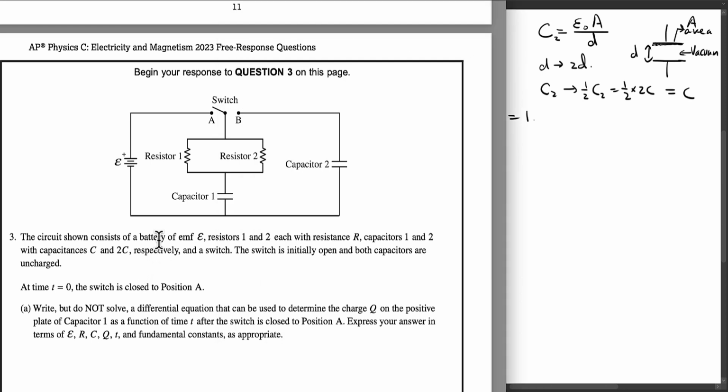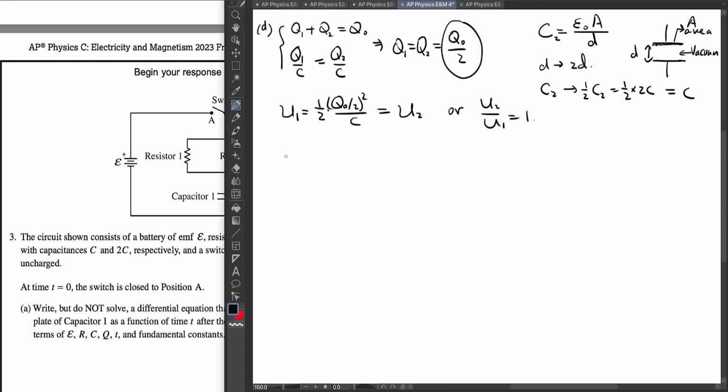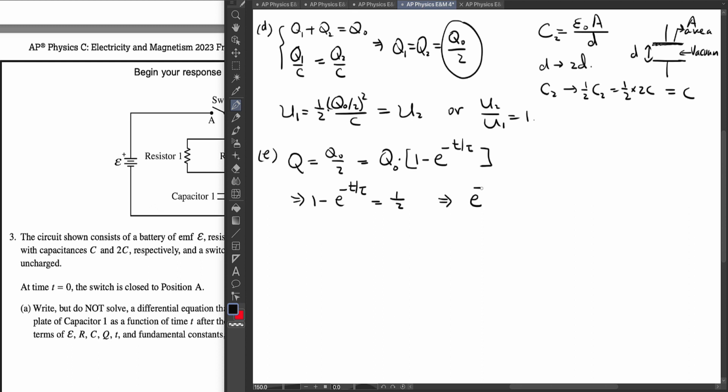Okay, so let's see. So Q now is Q0 over 2 equals, remember we have Q0 times 1 minus e to the negative t over tau, that expression we wrote down earlier. From this equation, we know 1 minus this exponential equals 1/2. So the exponential of negative t over tau is 1/2. Okay, so that's something that we can use later.